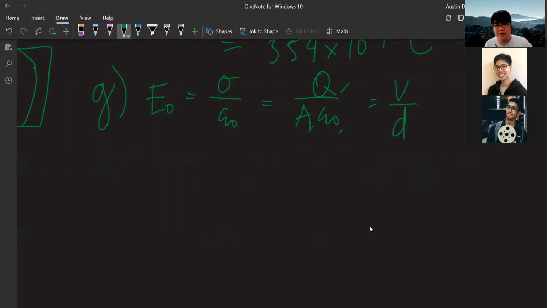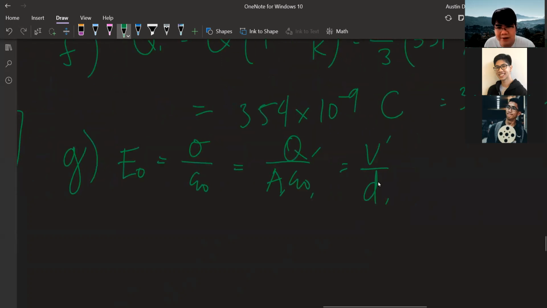Since given yung potential, given din yung distance. Okay? This is actually safer kasi this is all given. Yung Q mo dito, sinolve mo to. Kung nagkamali ka kanina sa Q, so kung ginamit mo tong equation na to, you would be wrong. Okay?